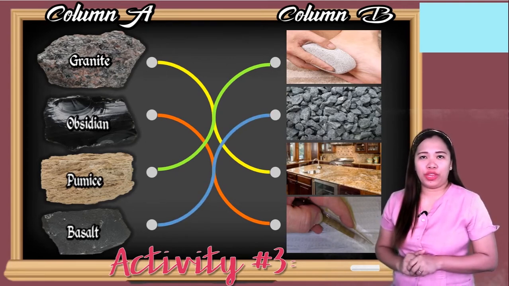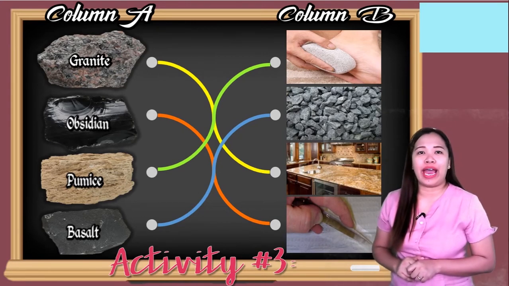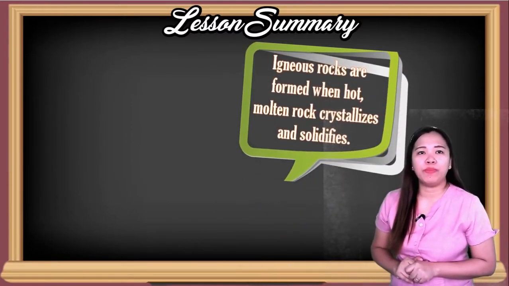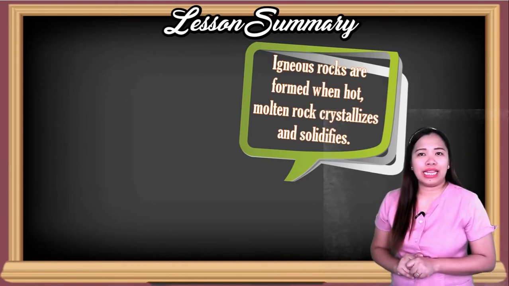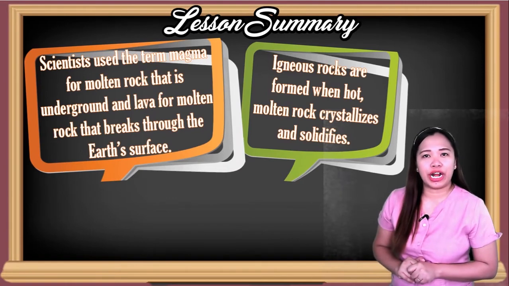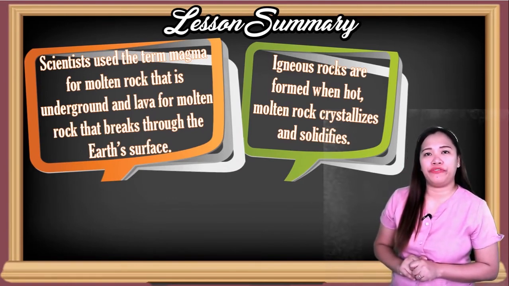Before we proceed with your assessment, let's have first a brief recall of what we have discussed. Igneous rocks are formed when hot molten rock crystallizes and solidifies. Scientists use the term magma for molten rock that is underground and lava for molten rock that breaks through the Earth's surface.